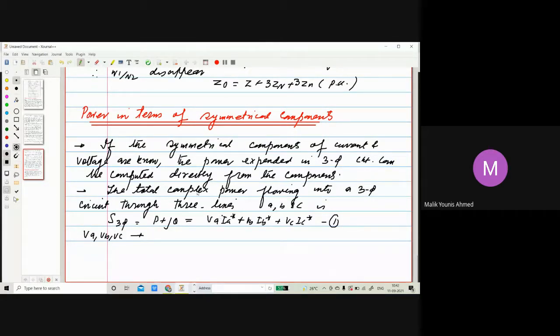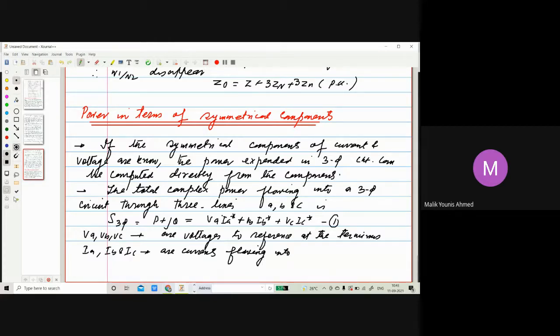So terminal voltages are these, and then IA, IB and IC are the currents flowing into the circuit in the three lines. Okay.